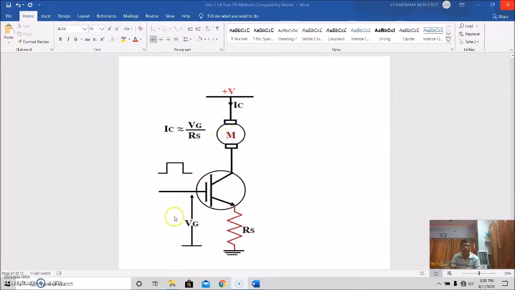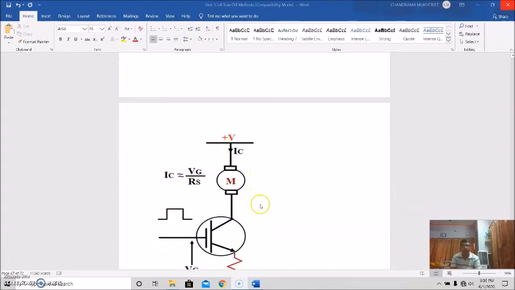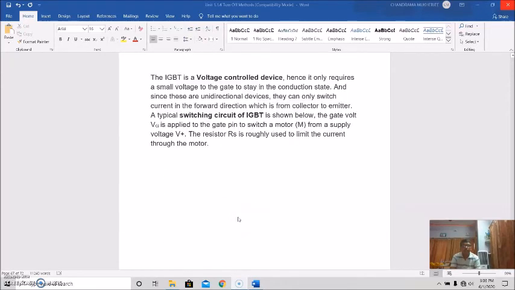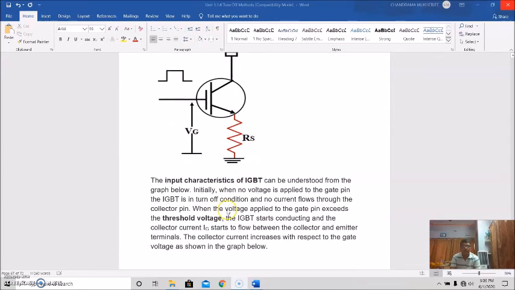See, the gate voltage is connected here, switching this motor, and this resistor is limiting the current. So, a series resistor. This is the typical circuit diagram.